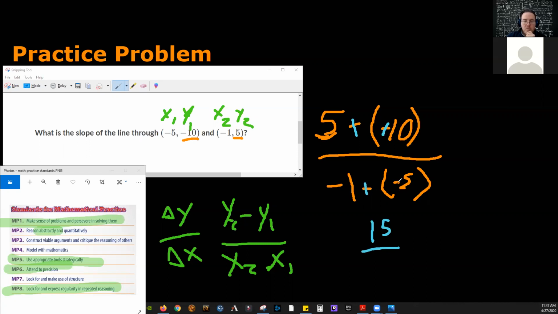That's the same as negative 1 plus 5 because subtracting a negative 5 is the same as adding. So negative 1 plus 5 would be 4. So our slope is up 15 and over 4, 15 fourths.